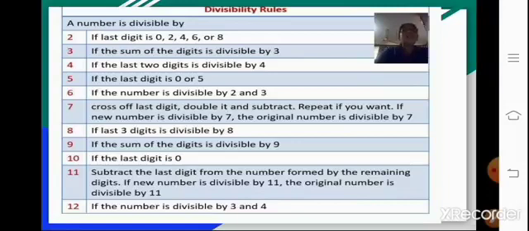If the new number is divisible by 11, the original number is also divisible by 11. A number is divisible by 12 if it is divisible by 3 and 4. Now let us see the divisibility rules one by one.